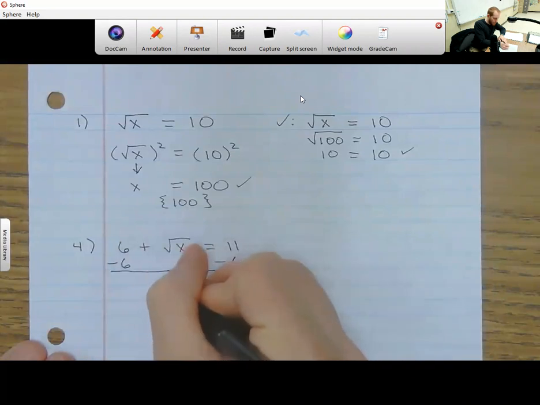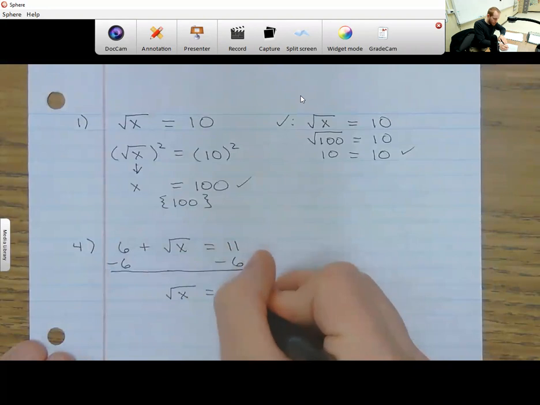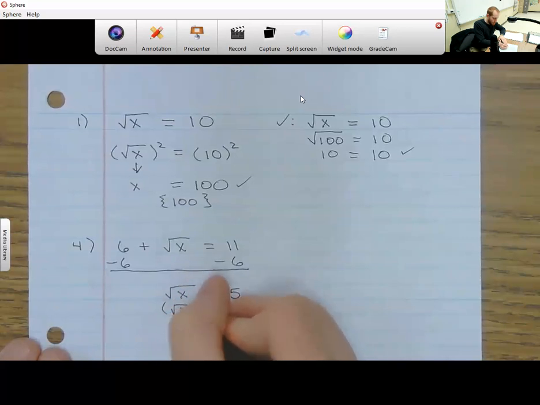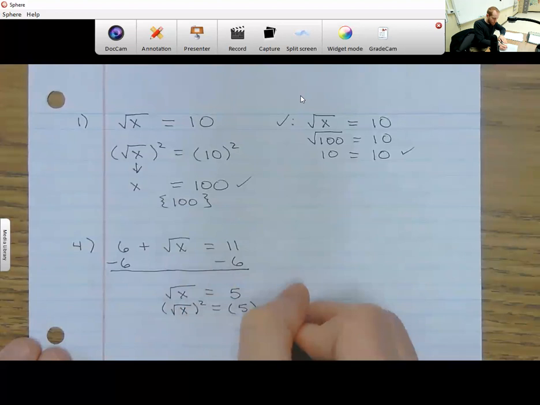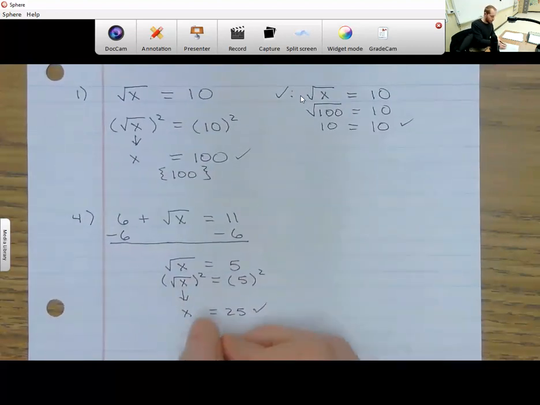So I get the square root of x is equal to 5. Good. Now I can square both sides to get rid of the square root. The x is going to come out, and I'm going to get 5 times 5, 25. So inside my solution set, I am going to have a 25.